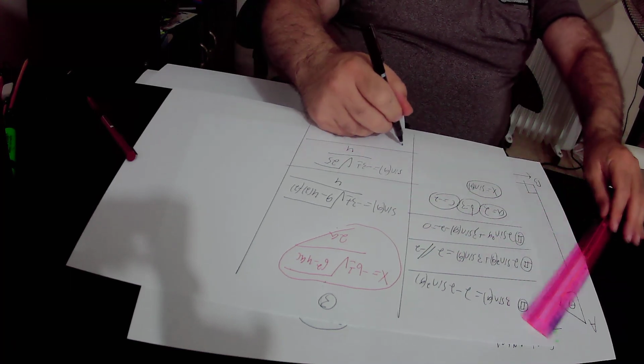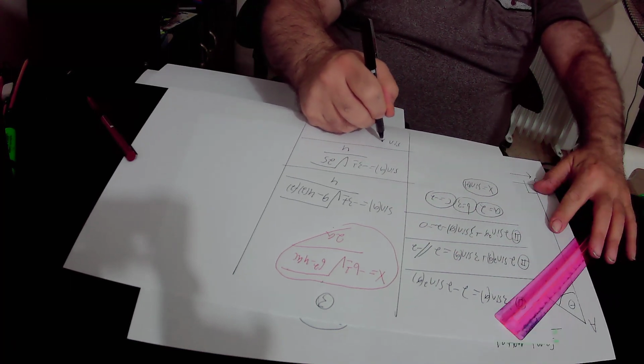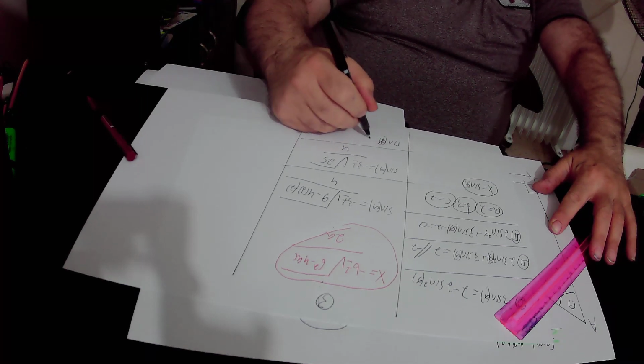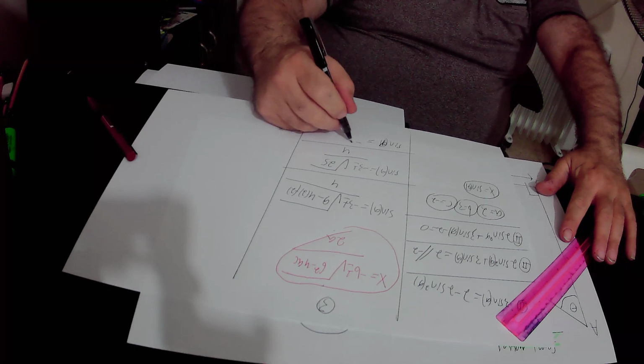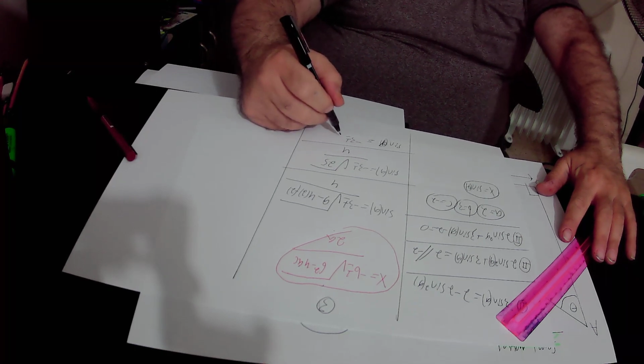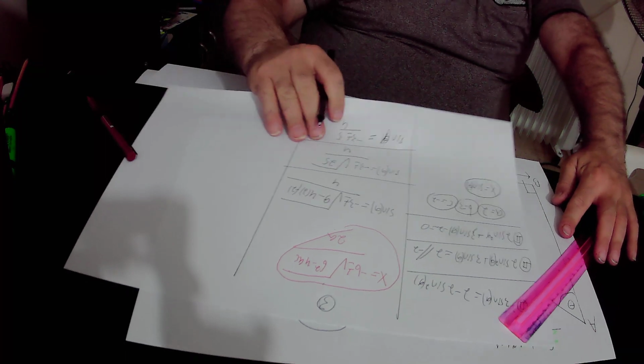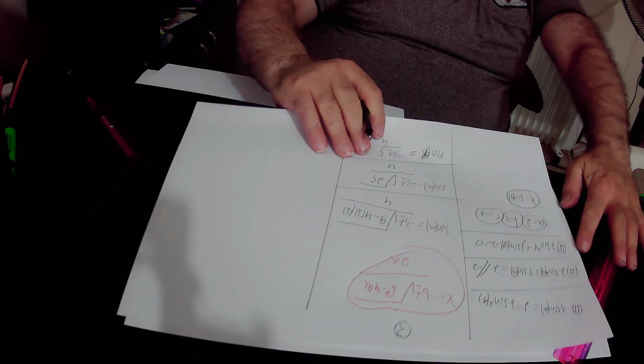So here we have sine alpha equals minus 3 plus minus the square root of 25, which is 5, over 4. So here we will have two possible solutions for sine alpha.